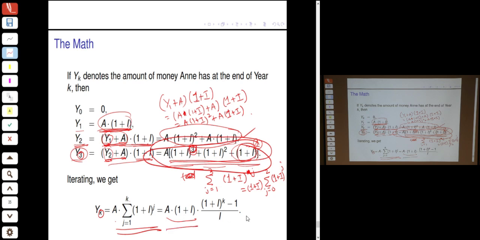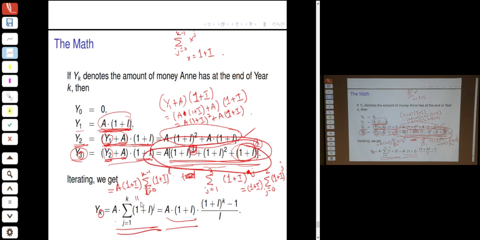Then you are left with exactly the summation J equal to 0 to K minus 1 of x to the J, where x equal to 1 plus I. So this is A times (1 plus I) times the summation J equal to 0 to K minus 1, or you can call it L equal to 0 to K minus 1, of (1 plus I) to the L. Okay, just by taking a constant.